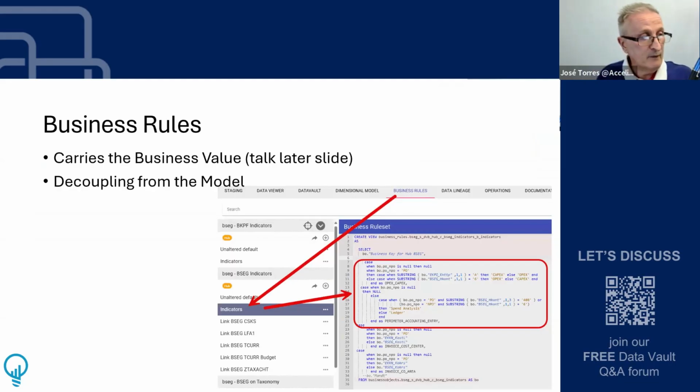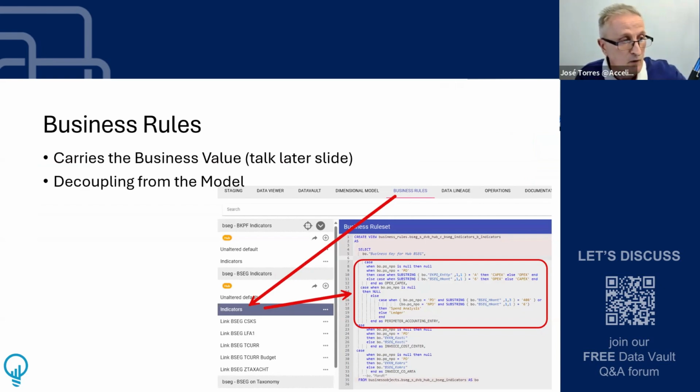So the business rules, we will talk about later in detail. They bring the business value of the data platform, and they are decoupled from the model. We will see how we reinject them into the model.